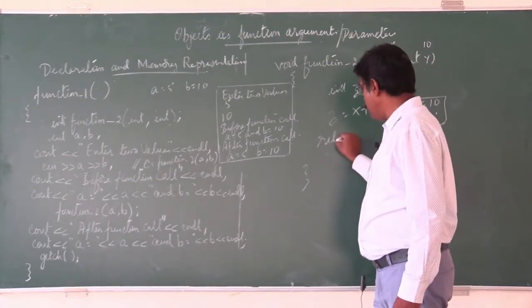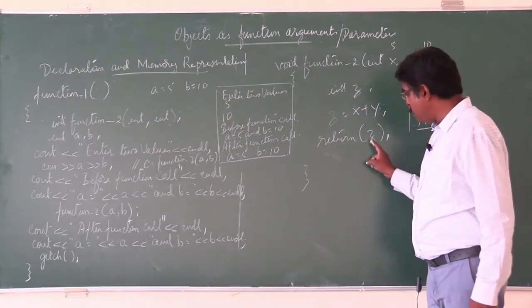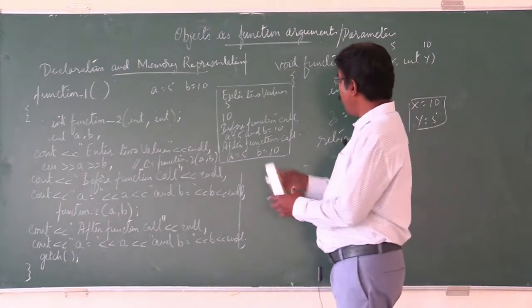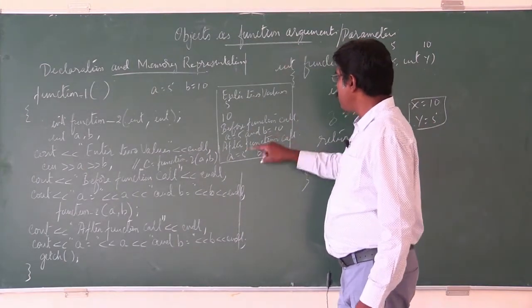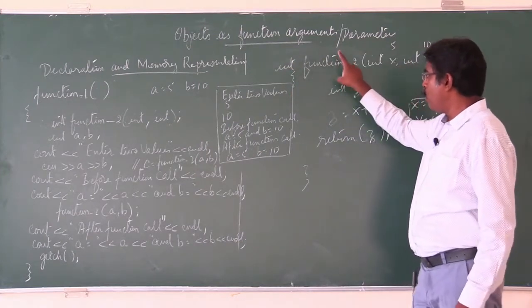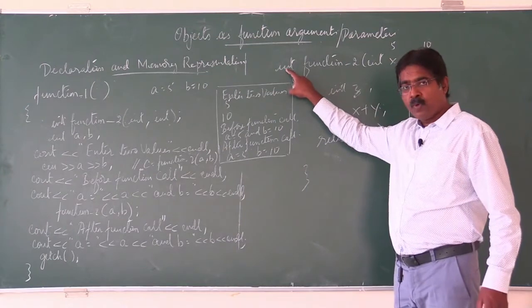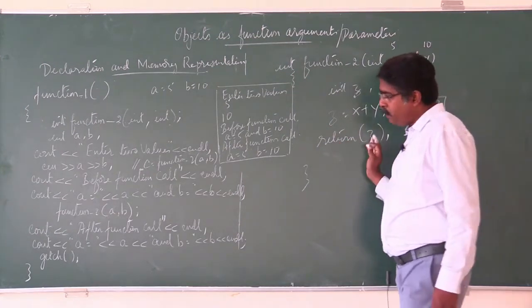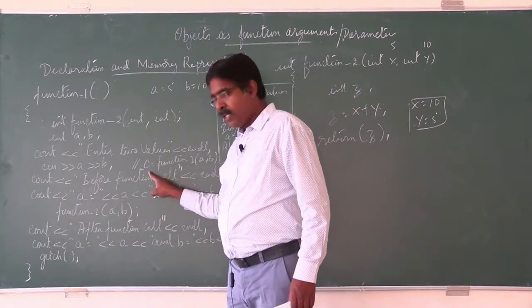Then I am going to return z's value. Z is integer type, hence I need to replace void with int. That means the return type specifier of function 2 is int, so the integer value will be returned. Where is it returned?